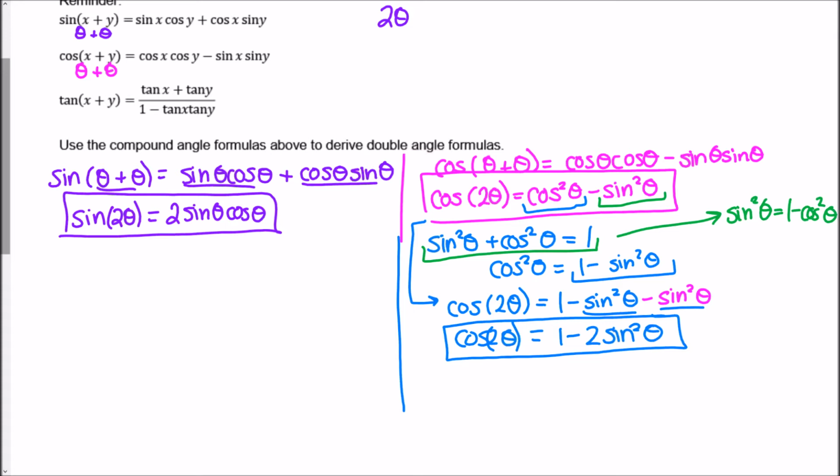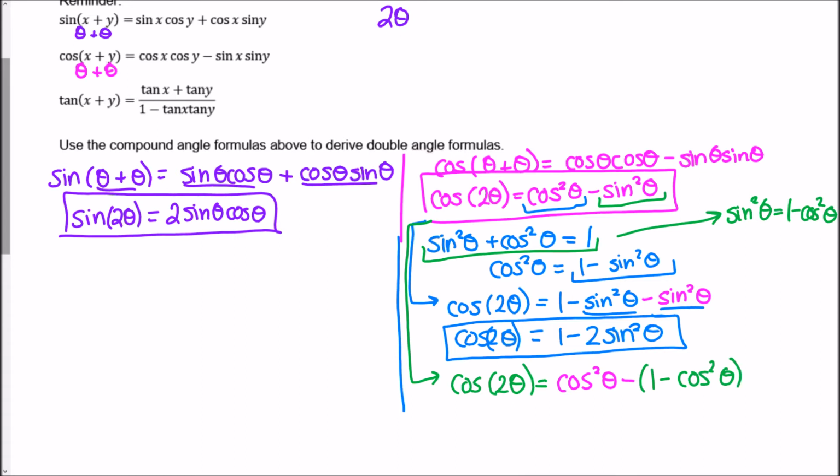So here I can say cosine of 2 theta is equal to, I'm going to copy down this cosine squared theta, and then I'm going to write minus, but I have to put this in brackets because it's minus this whole thing, 1 minus cosine squared theta.